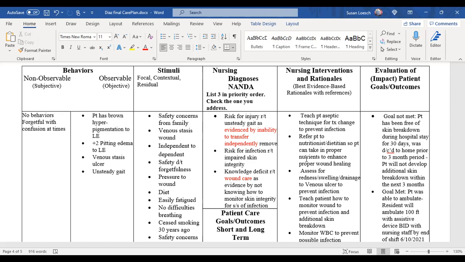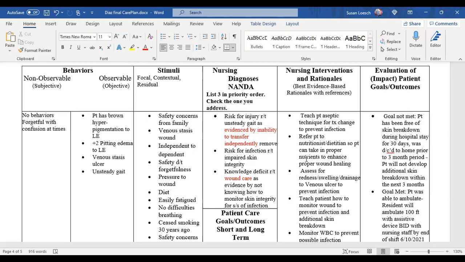Long-term goal could be patient will make outside appointment with nutritionist after discharge. Or like you said, one of the goals would be for your patient to have physical therapy for the osteoporosis. So I would want to make sure that Ms. Jacobson understood that she had to make an appointment with that physical therapy after discharge.